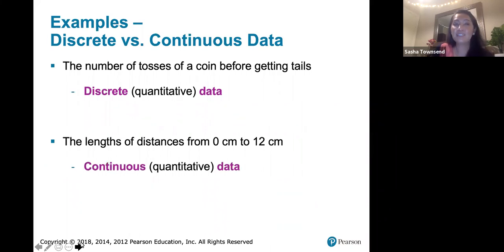Now, if you're dealing with data that is categorical, then it is neither discrete nor continuous. So if you talk about male versus female, or eye color, sometimes people would say, oh, well, color, there is a range of colors. My point is that most of the time when we're talking about those things, we're just labeling.